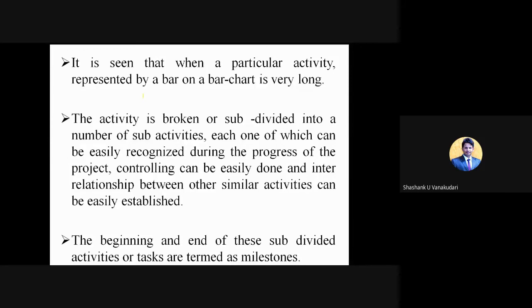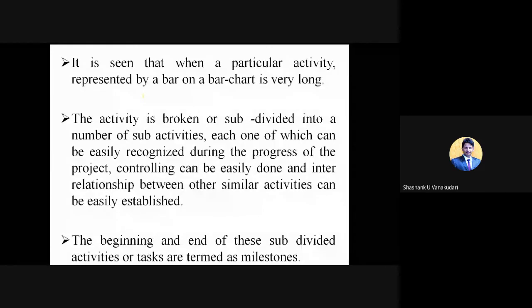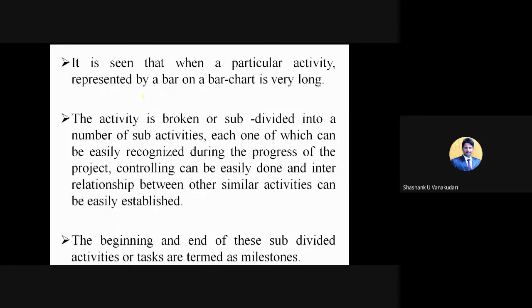So here you can concentrate on only one activity, which is much more useful compared to the bar chart. The beginning and end of these subdivided activities or tasks are performed as milestones. Whatever we have divided one main activity into different sub activities, from the first to the last sub activity, the time duration can be noted as milestones.